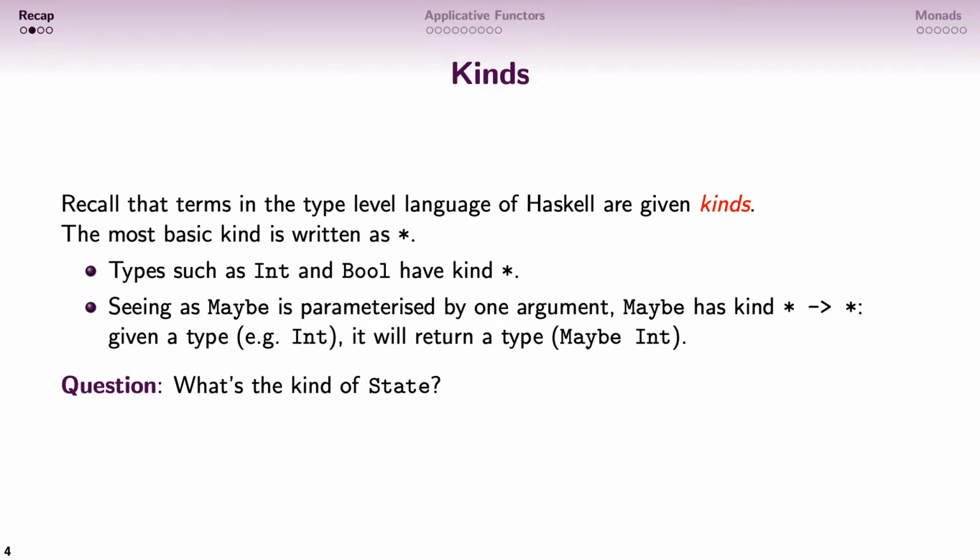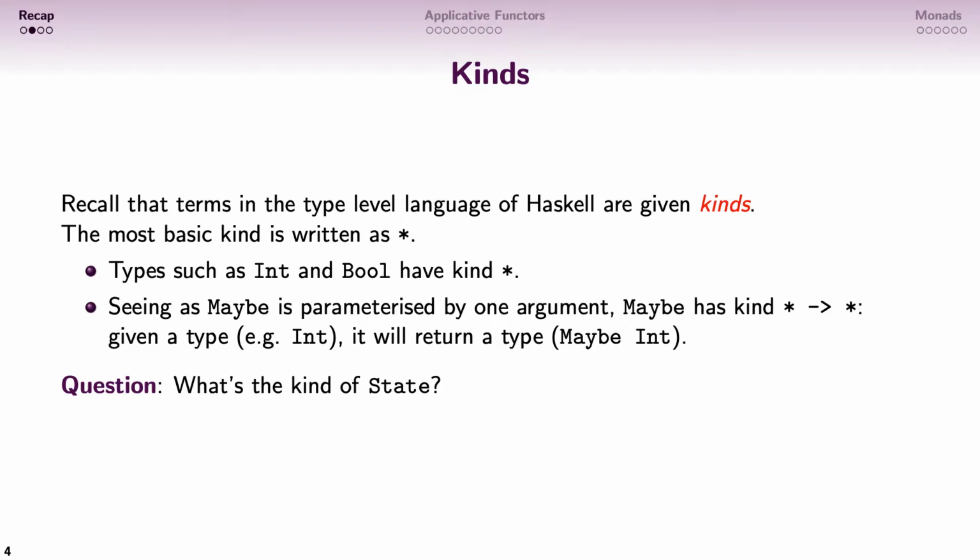So we've also seen this type State last week, which was for these stateful computations. And it took in two parameters, right? The first parameter was the type of the state. So that type's kind is star. And then the second parameter was the type of the return value.